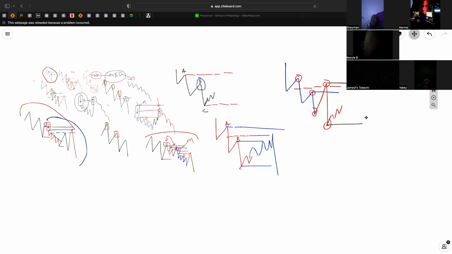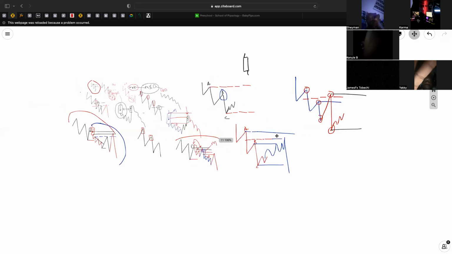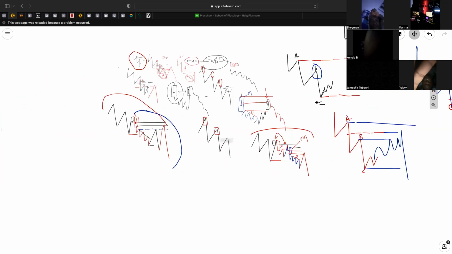After today's class, before I go to other types of ranges, I will have to start talking about imbalance in depth and order block in depth. Once I'm able to cover those two, then I'll be able to explain the other types of imbalance. But before I end today, let me use that trading range to explain this concept right here.